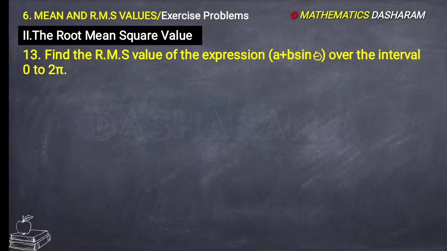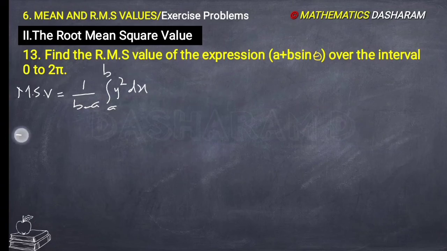13th question, find the RMS value of the expression a plus b sin theta over the interval 0 to 2 pi. So here we need the MSV value first of all: 1 by b minus a into integration a to b of y square dx.